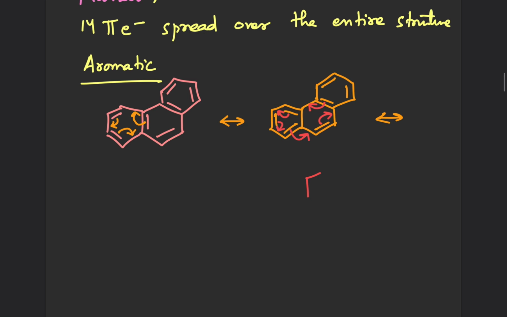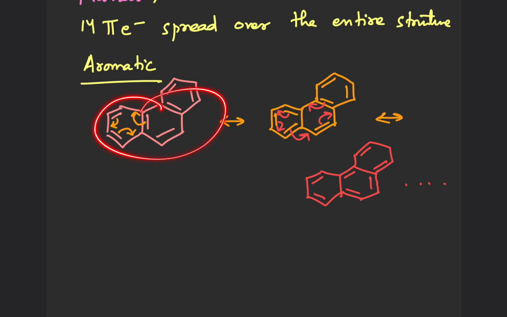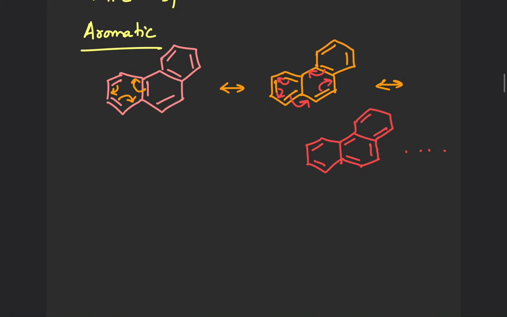So it will result in this, and so on, right? So this shows that these pi electrons are delocalized in the entire structure. Therefore, yes, phenanthrene is also aromatic.